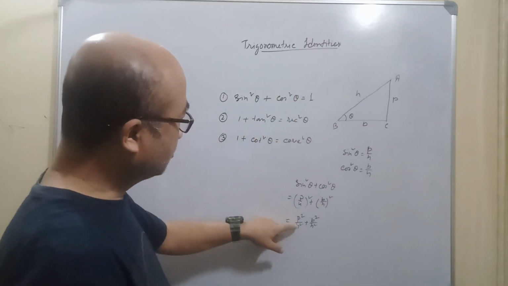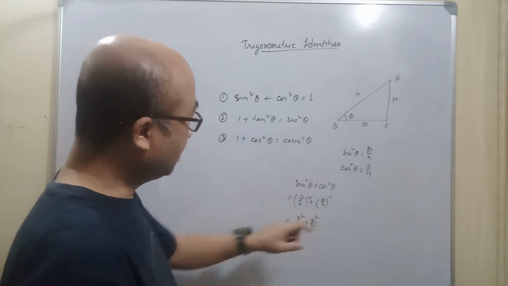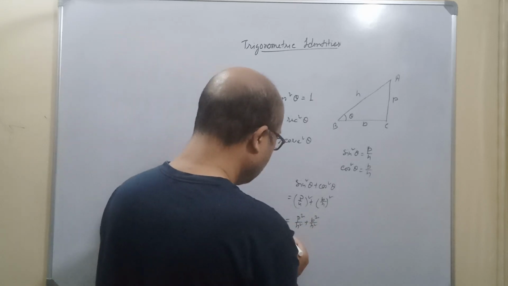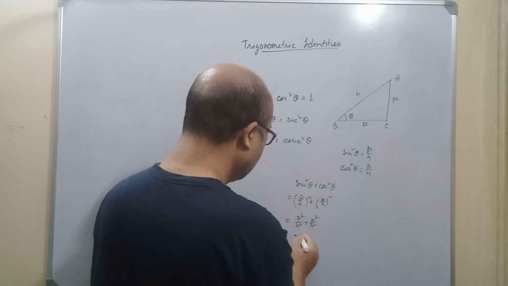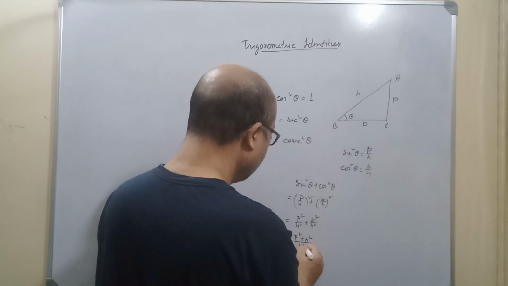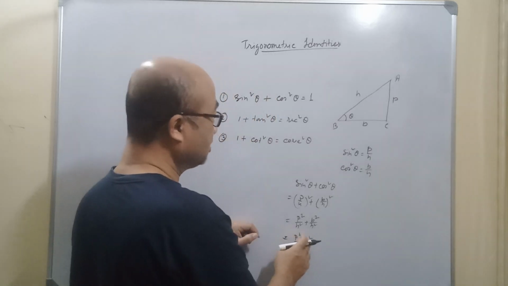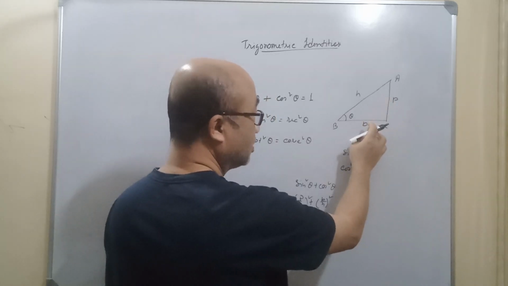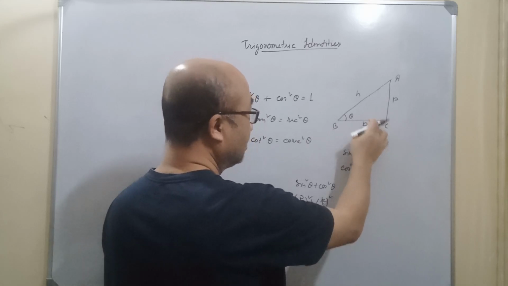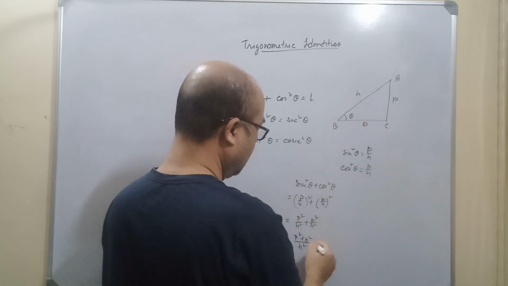So we have p square by h square plus b square by h square. This is equal to p square plus b square by h square. So p square plus b square, this is equal to h square, right?